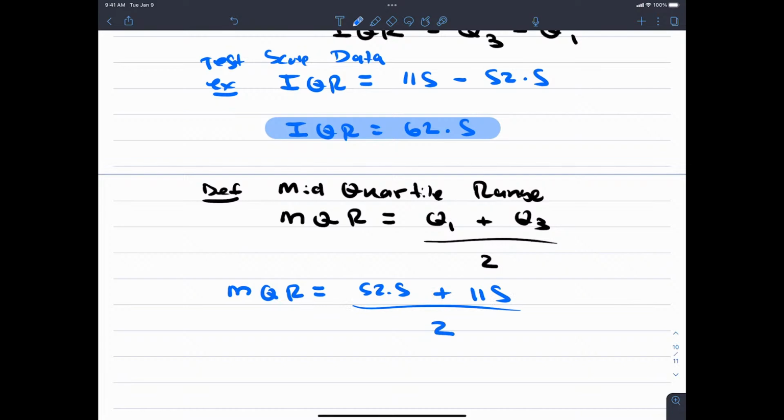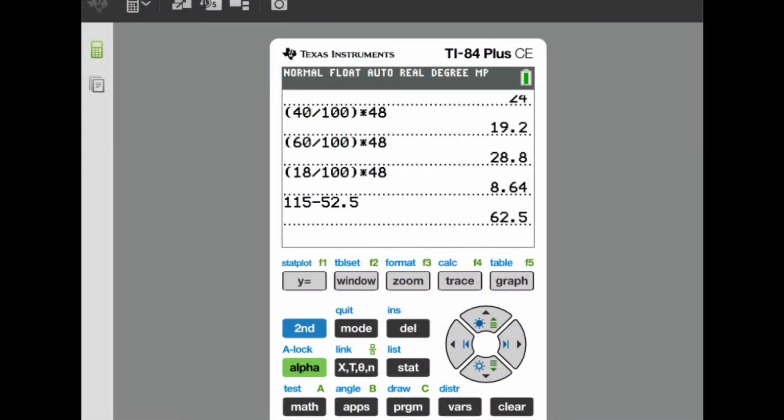Let's find the mid-quartile range. I like to use parentheses: 52.5 plus 115 in parentheses, divided by 2. Think of it like a midpoint here. What do you guys end up getting when you find that mid-quartile range?